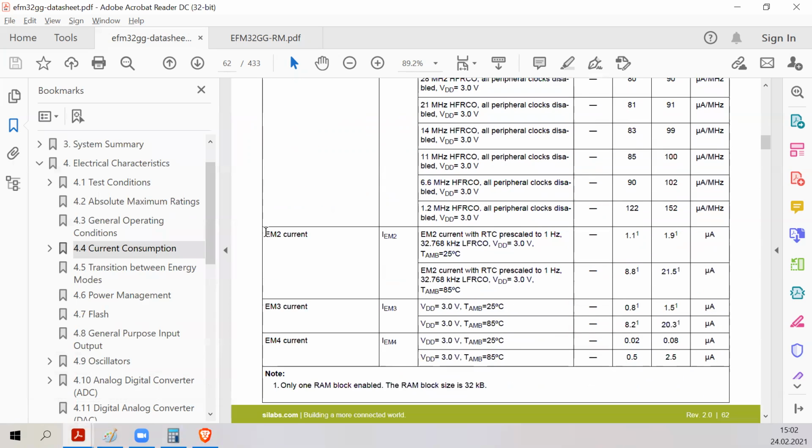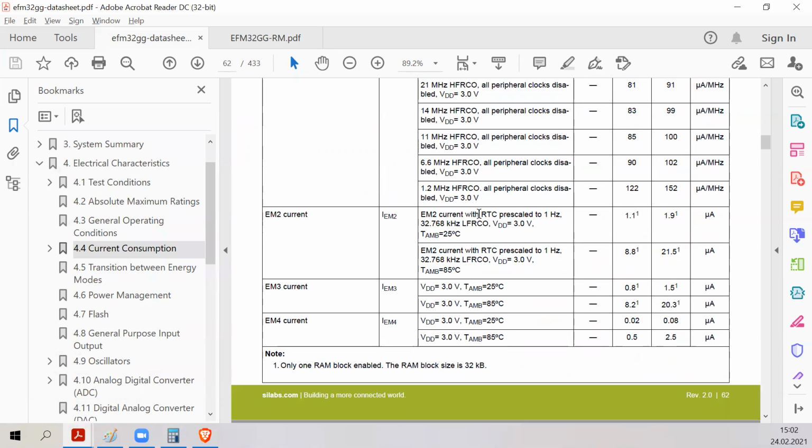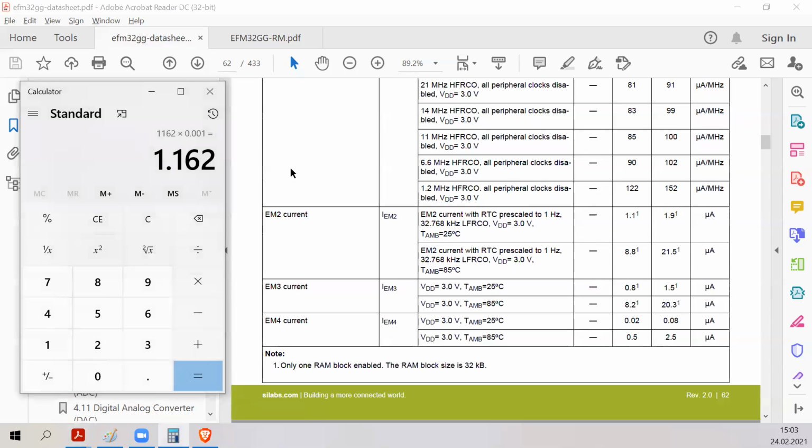And energy mode 2, when you put the microcontroller to sleep and have only real-time clock running, as you can see, the current consumption drops from 1 milliamp to 1 microamp. And that is a significant, very, very big energy saving.